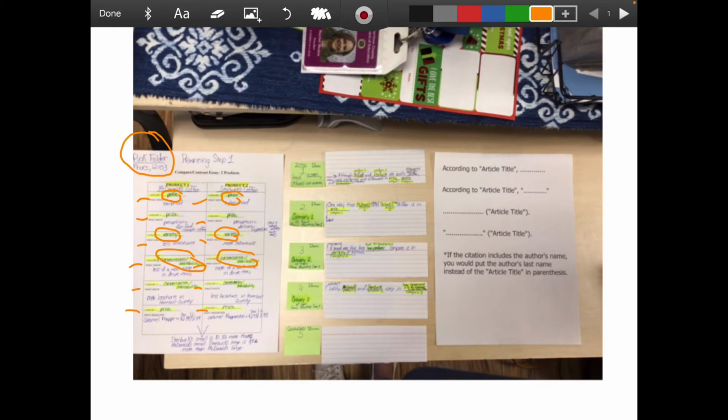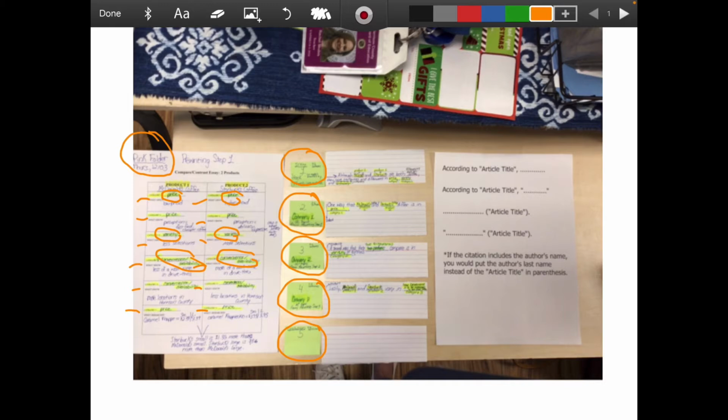We have paragraph 1, the intro, paragraph 2, which refers to category 1, paragraph 3, which refers to category 2, paragraph 4, which refers to category 3, and the 5th paragraph, which doesn't come until later, so we're not going to talk about that yet.